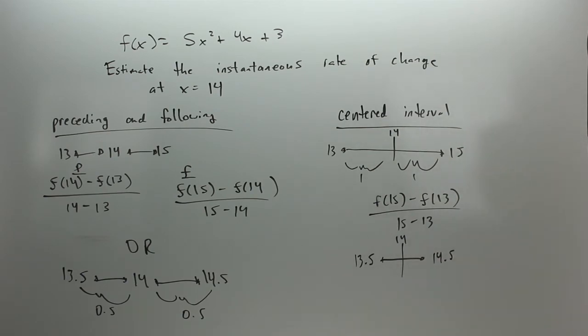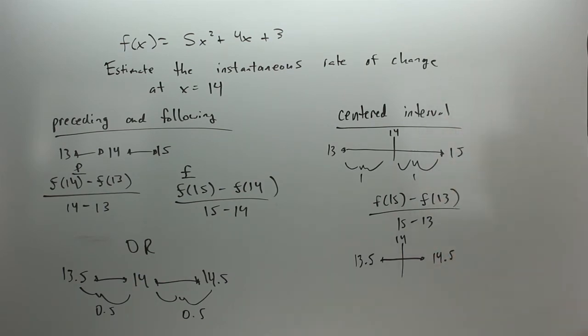And the distance between the preceding and the following has to be the same. So you could go 13 to 14, 14 to 15, you could go 13.5 to 14, 14 to 14.5, you could go 13.9 to 14, and 14 to 14.1. That would be a width of 0.1.